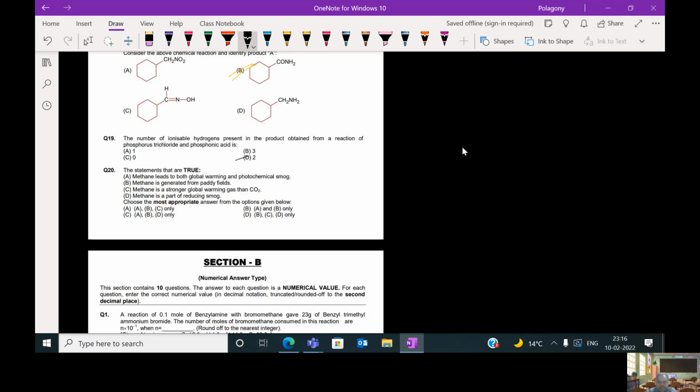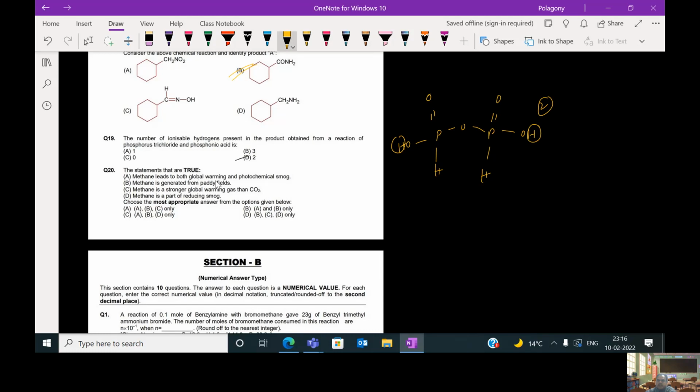We can write the structure like this, with OH, OH, H, H. The displaceable protons are here. These are the protons, so we can write 2. So 2 is the right option.